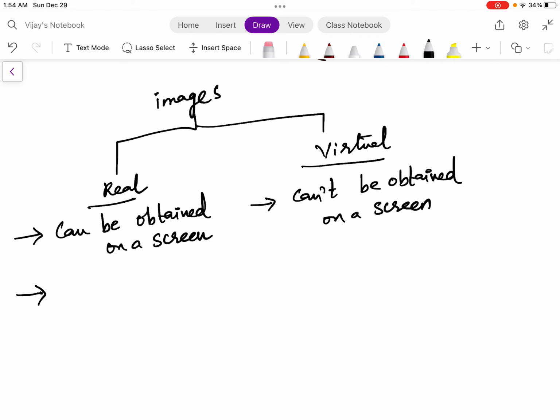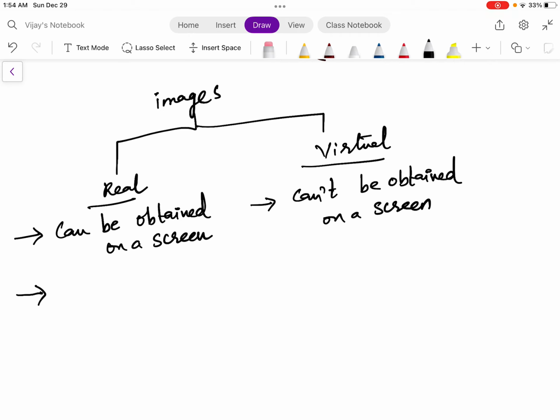If you take a real image, that means the reflected rays are actually meeting. When light hits a particular mirror, and the reflected rays after reflection actually meet, then the image that is formed is basically a real image.